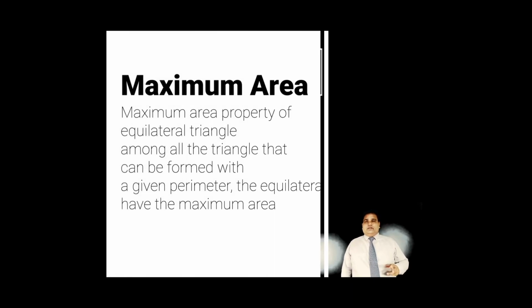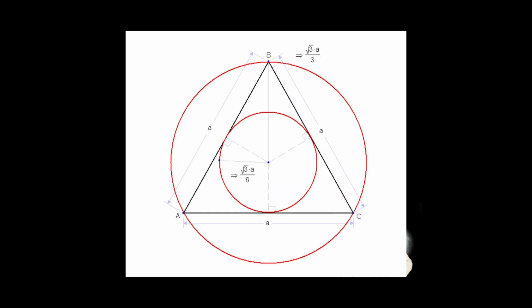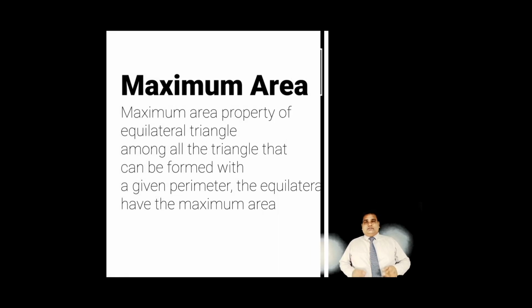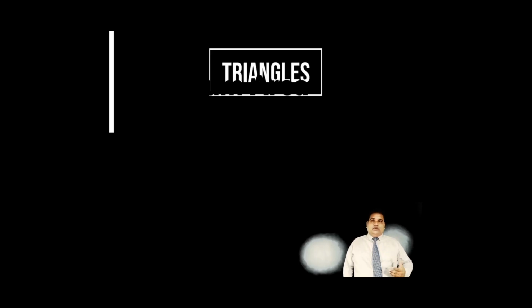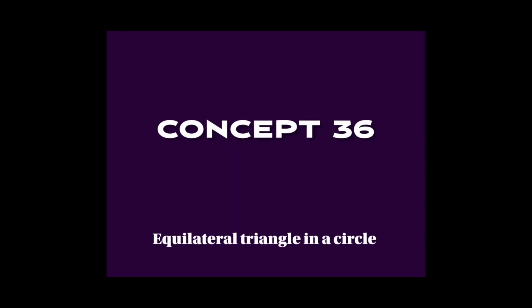So among all the triangles that can be formed with a given perimeter, the equilateral triangle will have the maximum area. That is known as the maximum area property of an equilateral triangle within a given perimeter.